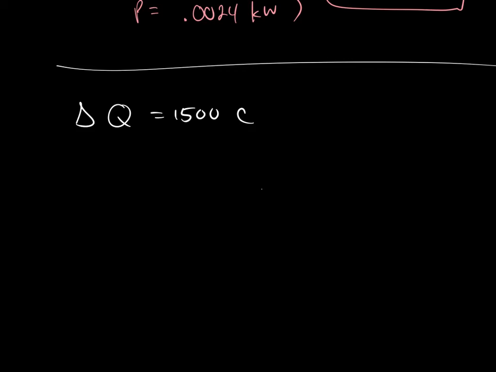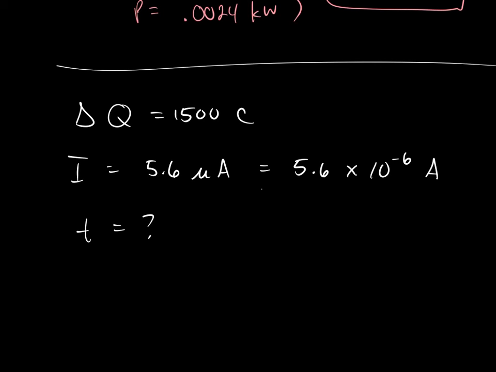It says if the average current produced is 5.6 microamps, micro means times 10 to the negative 6. If that's the case, what's the expected lifetime? Find T. So I would use this formula from the very beginning.